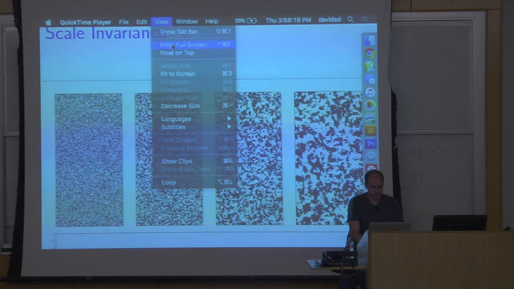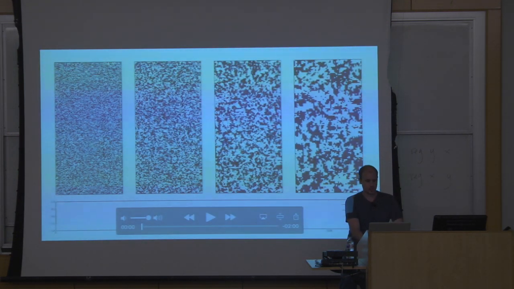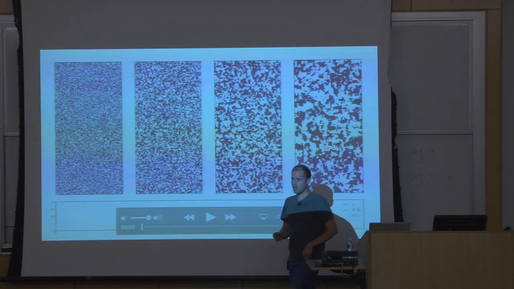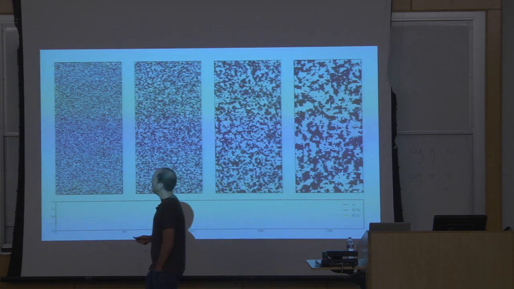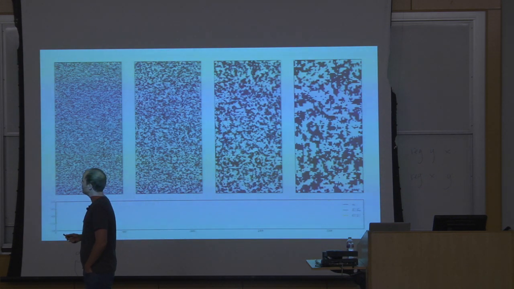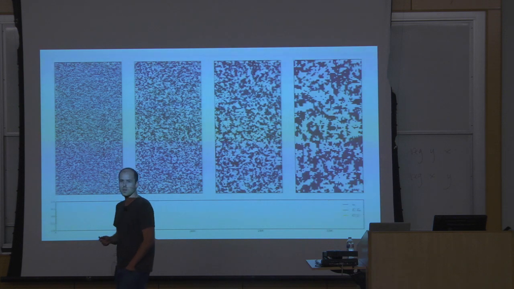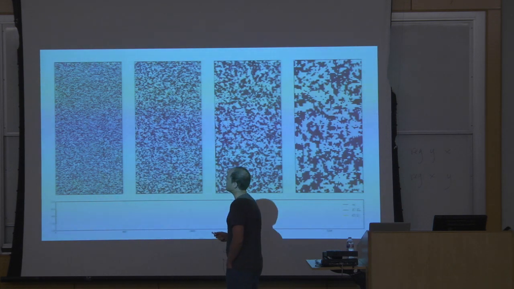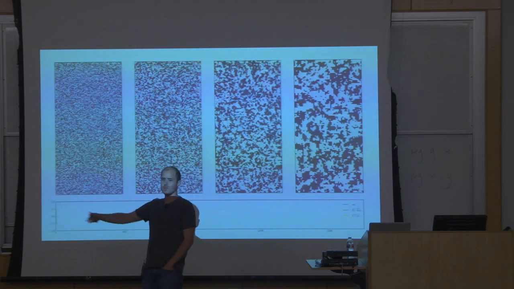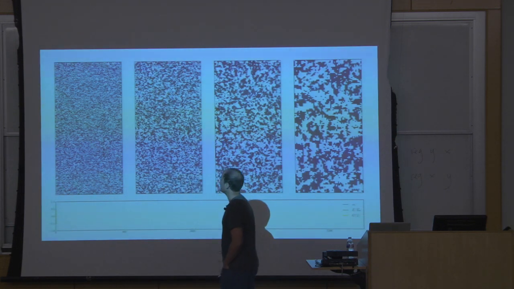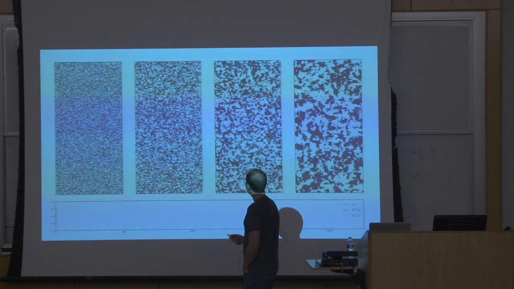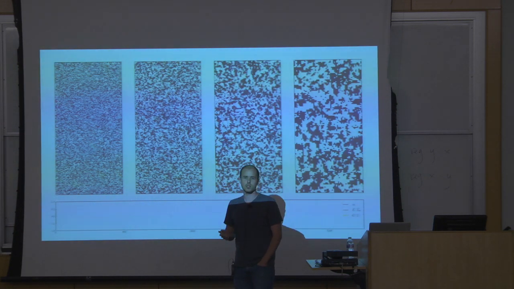This is a simulation of the 2D Ising model where we start out with a random state. We randomly choose up or down spins, and then we evolve them in a Monte Carlo simulation. Each of these is a different zoom level. You can see that with the random state, the different zoom levels look very different from each other.